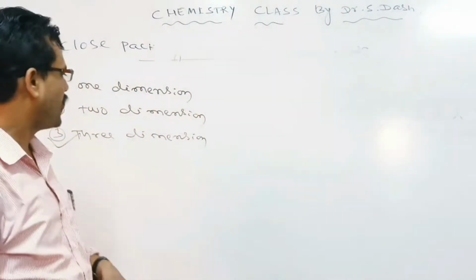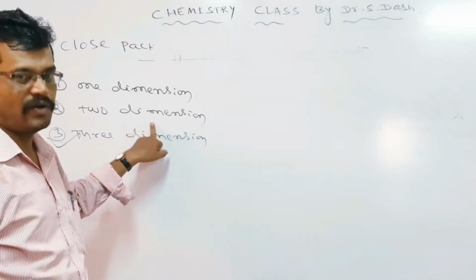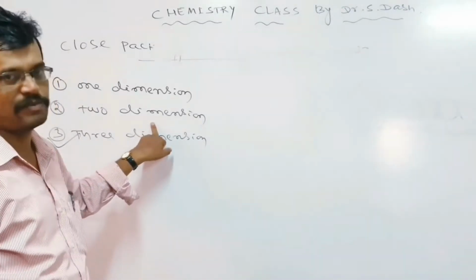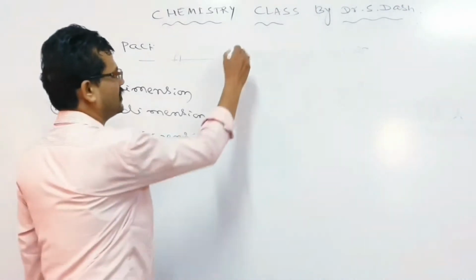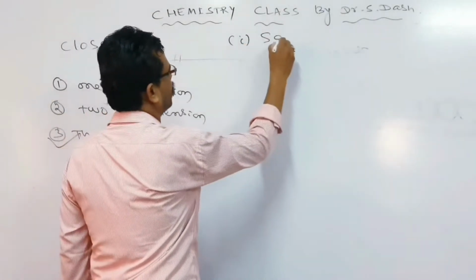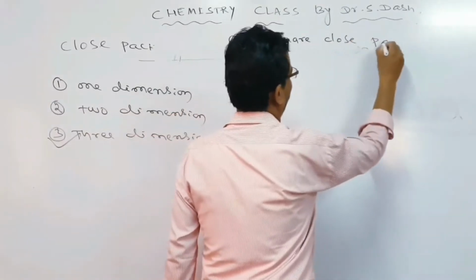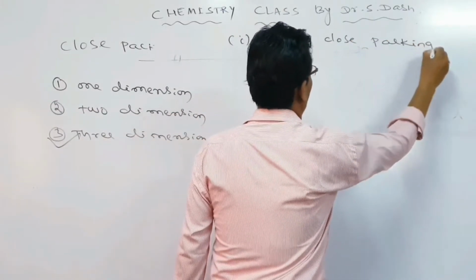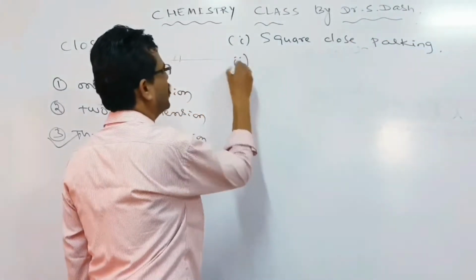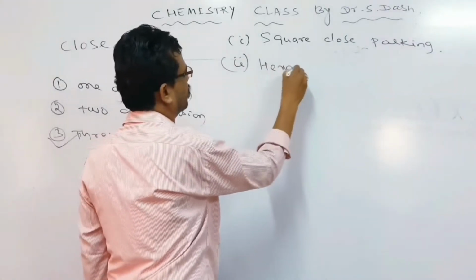In this two-dimensional category, there are two types of packing: one is square close packing, and the other is hexagonal close packing.